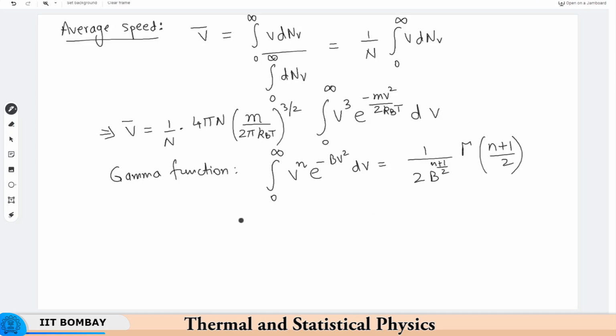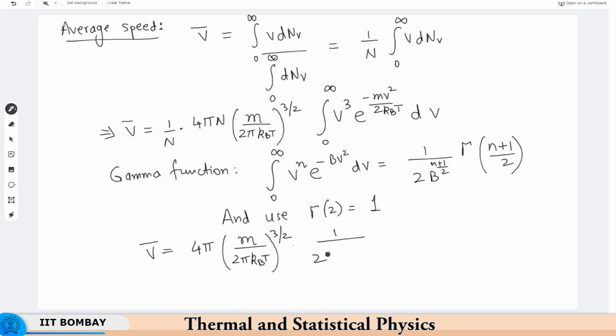If you remember, the value of gamma of 2 is exactly equal to 1. If you substitute these numbers in, there is a little bit of algebra, fairly simple. So we will get, maybe I can write down these intermediate terms, (m by 2 pi k_B T) raised to the power 3 by 2, times 1 by 2 times (m by 2 k_B T) squared.